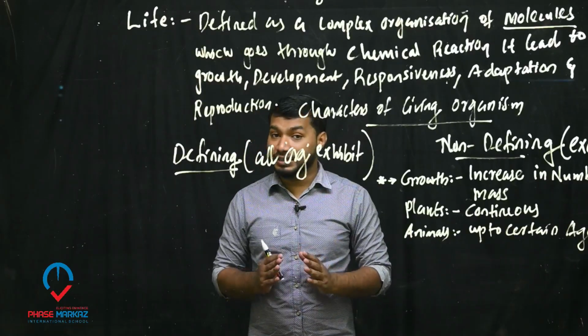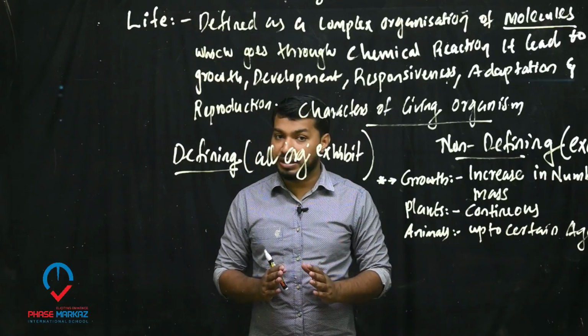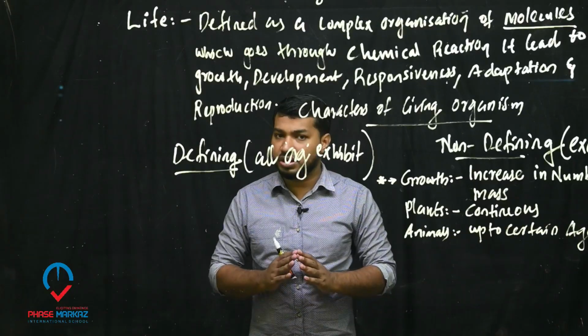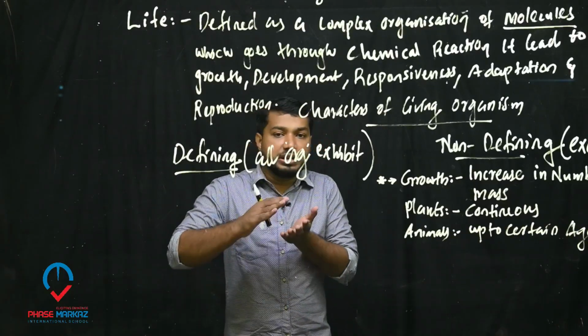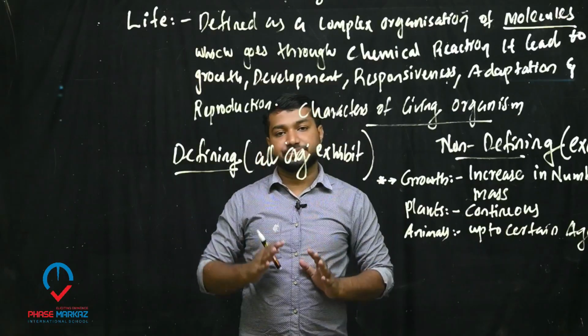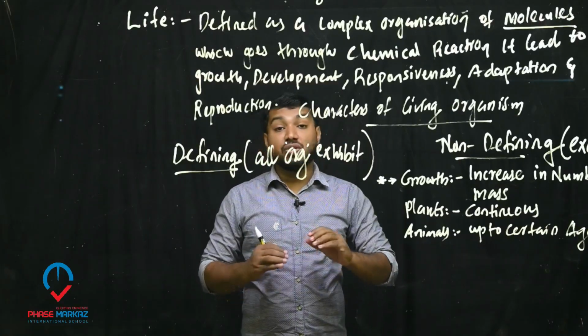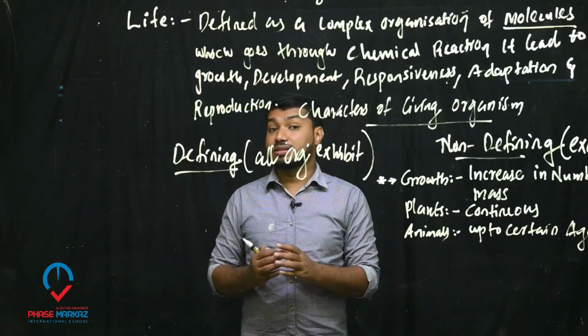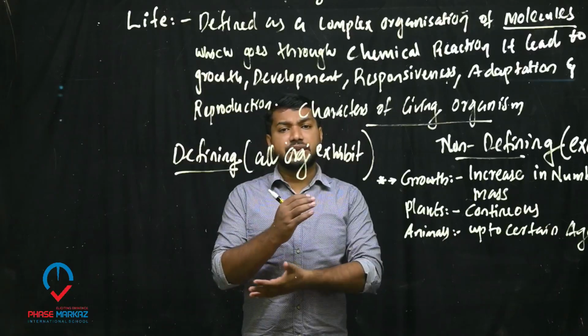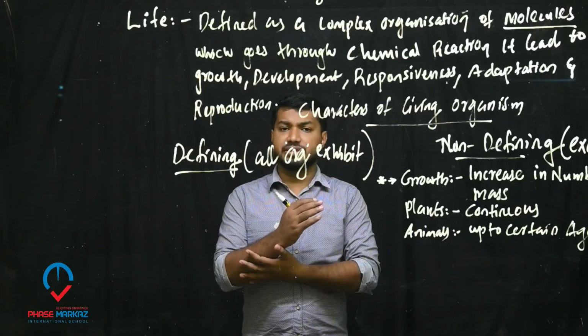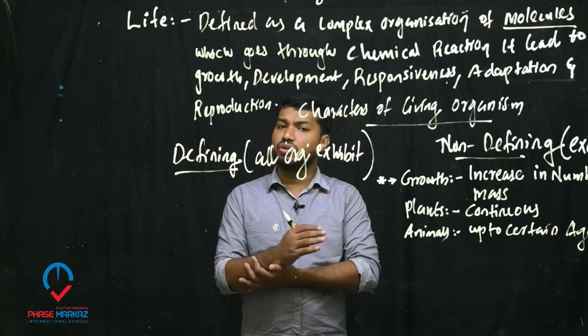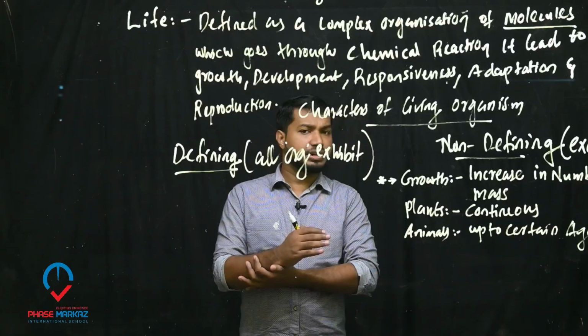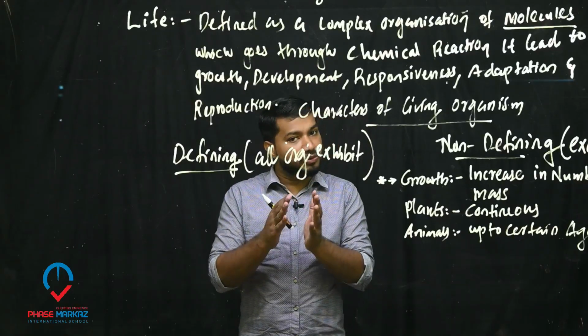Not only human beings, all kinds of animals grow only up to a certain age. After that, there is no growth. Somebody will ask, then sir, when some cells in the body are damaged or dead, or there is a fracture in the bone, that will be repaired. That is also growth, a type of growth.